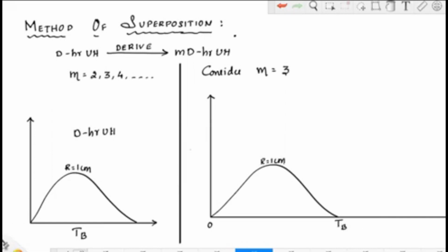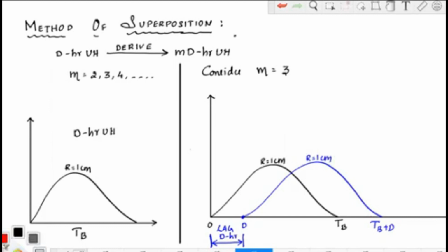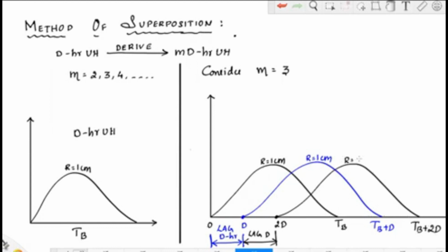The second time, it should lag by D hours, so it starts from D and ends at TB plus D. Third time, runoff will again be 1 centimeter, and you again provide a lag of D hours, so it starts from 2D and ends at TB plus 2D. For this also R is equal to 1 centimeter.